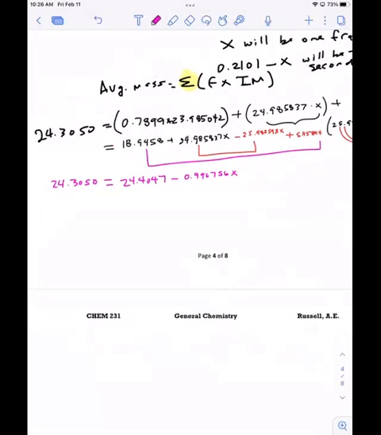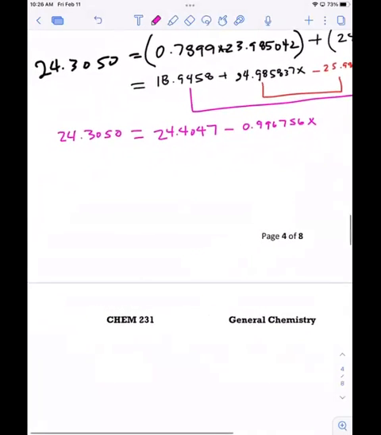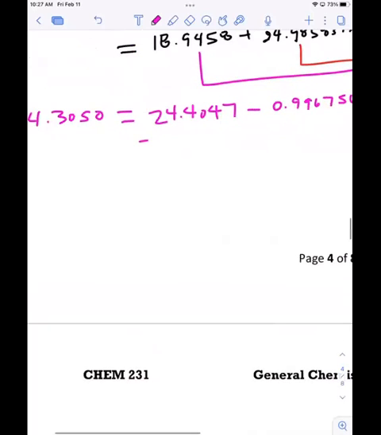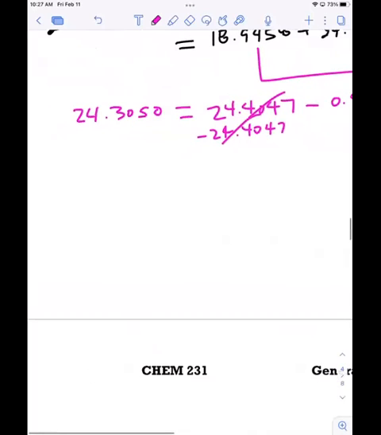We're in the home stretch now. All right. Anybody stuck, lost, falling off the boat? Say something. All right. So now we just need to do what? Get the X term by itself so we can solve for X. So we're going to subtract this from both sides. All right, that's going to get rid of that.